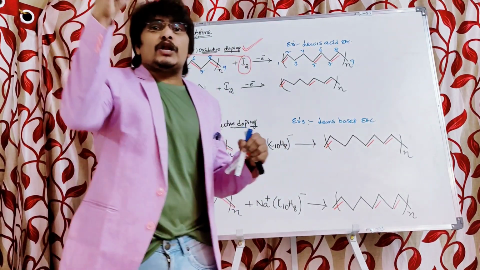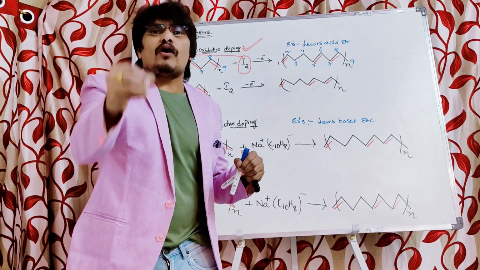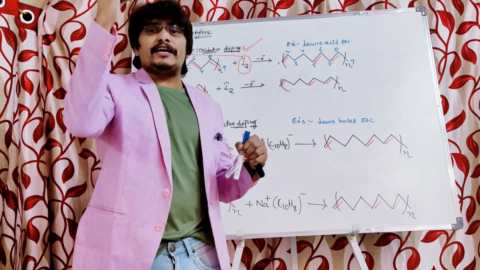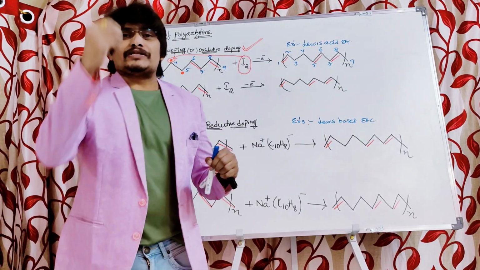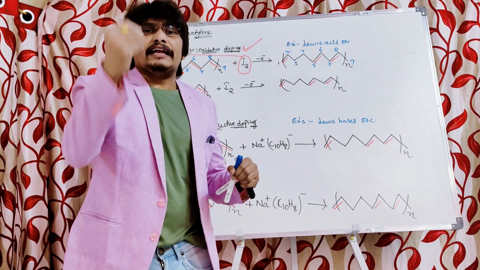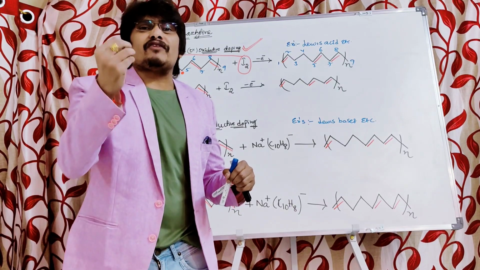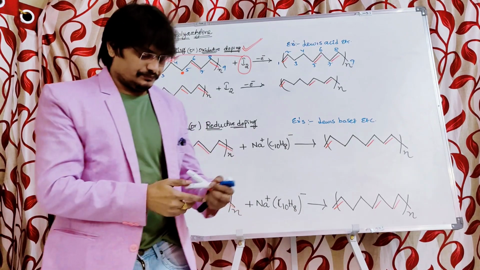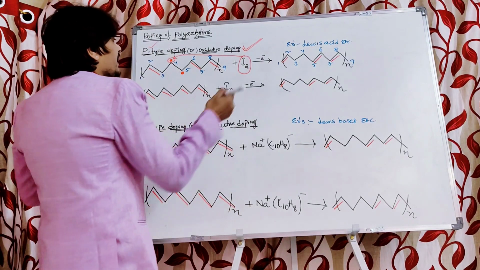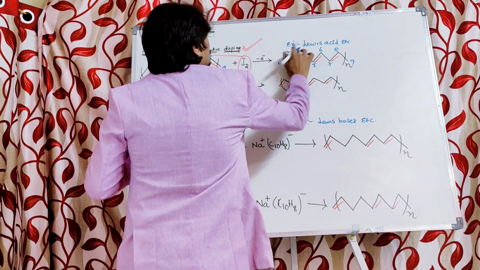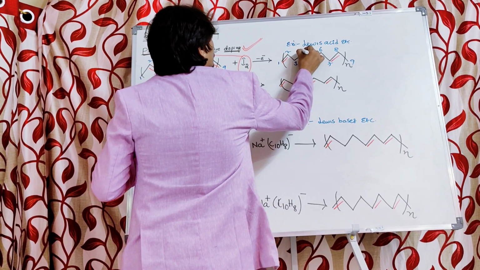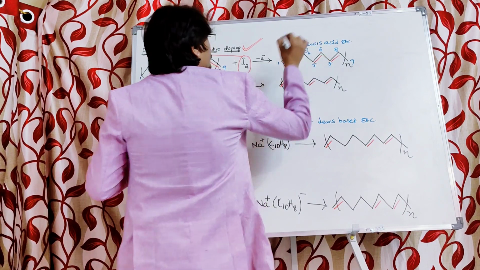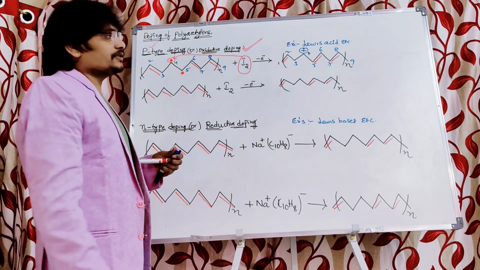Electron has been lost means what? It has lost a negatively charged species, because the electron is a negatively charged species. So what will be the resulting charge on that particular fourth carbon? Positive. The fourth carbon will get the positive charge.